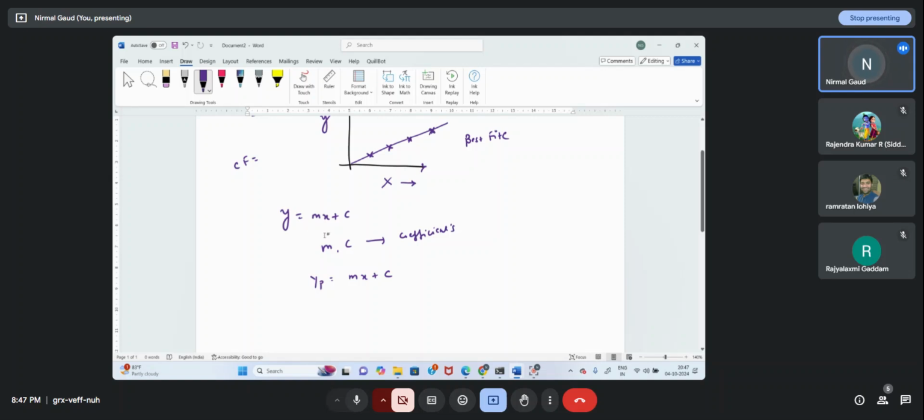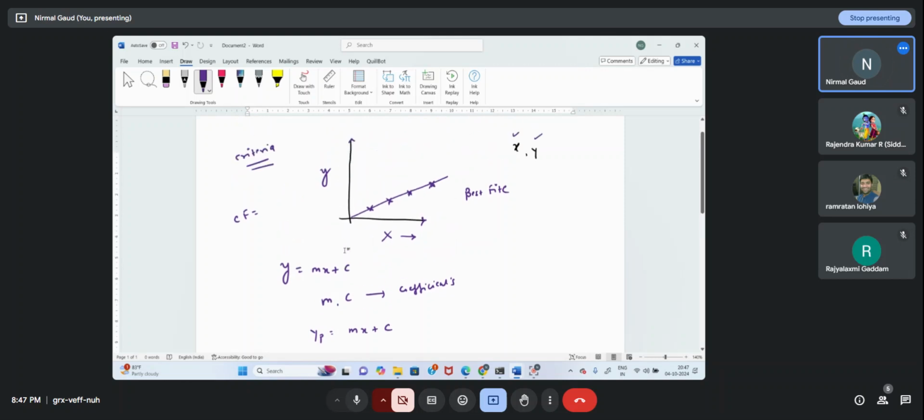I can have a comparison. That means if this is x and y, let us make between x and yp also. So the points are coming on a line, that means no error. It's a best fit line.